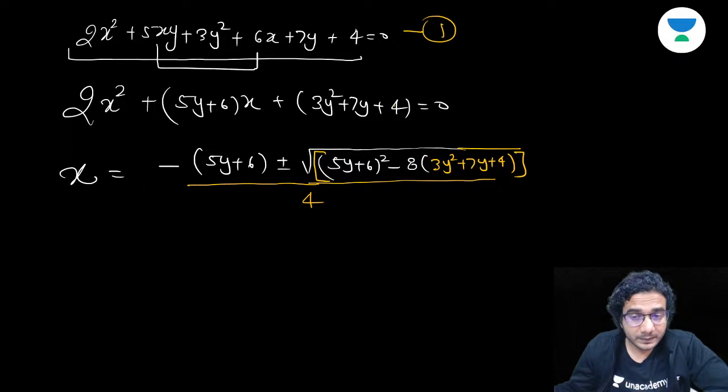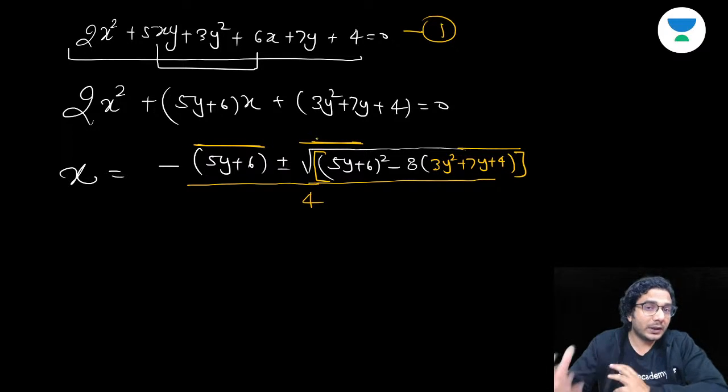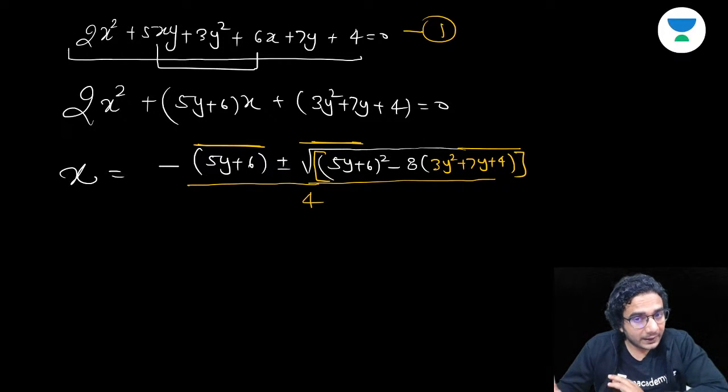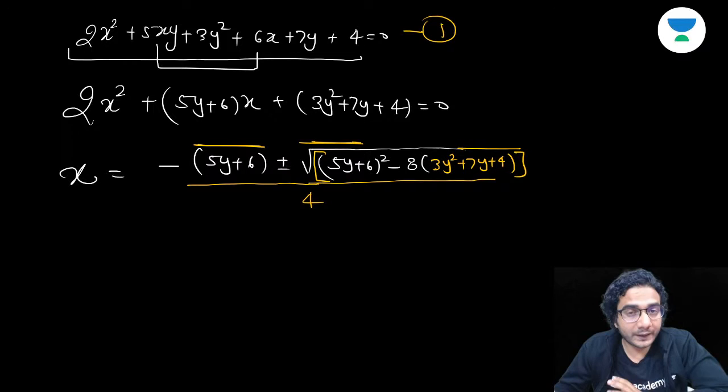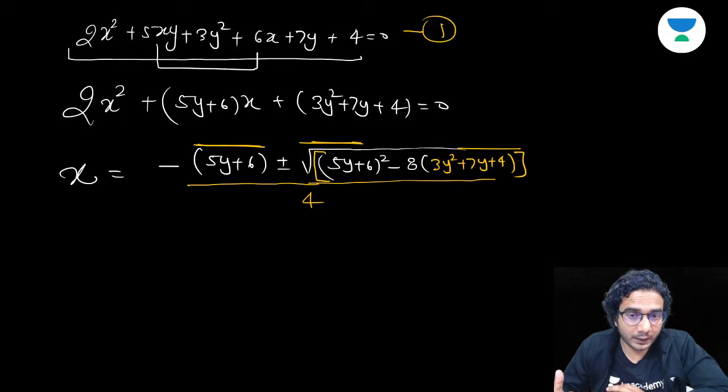But if it becomes a perfect square, then obviously it's a quadratic in y, and it will be the square of a linear expression of y. So you'll get x is equal to a linear expression of y, and yes, that will represent these straight lines.